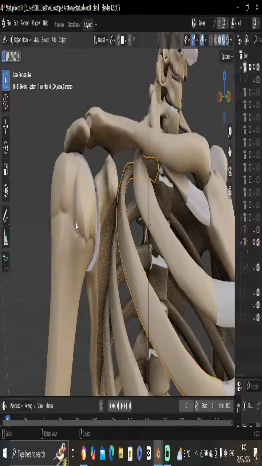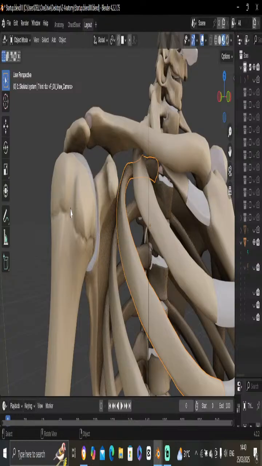So this is the greater tubercle, this is the lesser tubercle, and in between we have a depression, a groove, more like a valley in between two mountains. This is known as a groove or a sulcus, and the name of the sulcus is the intertubercular sulcus, in between the tubercles.